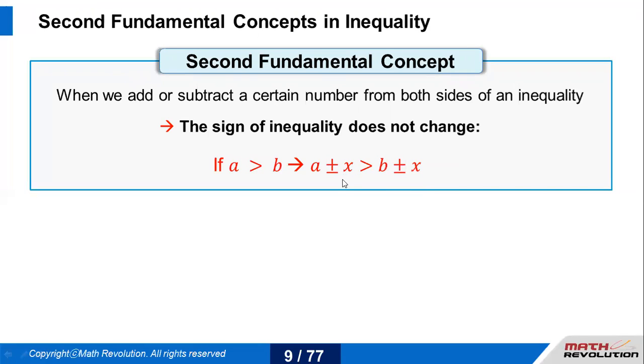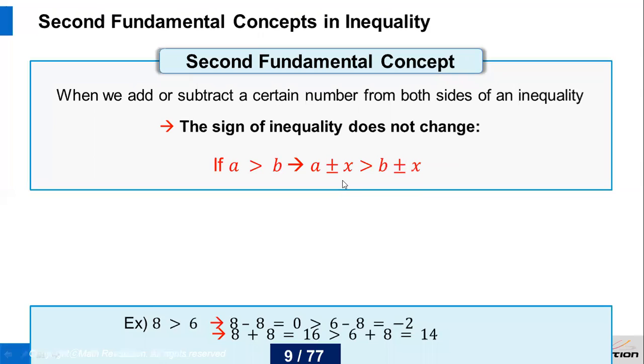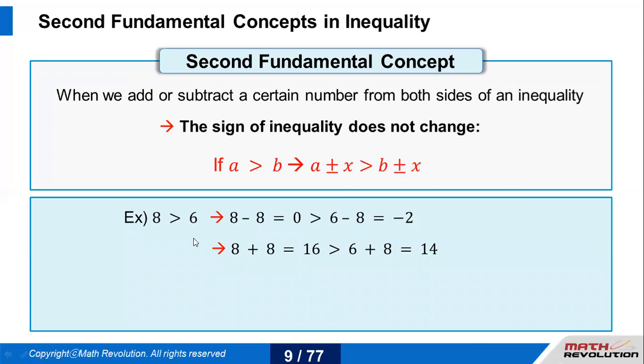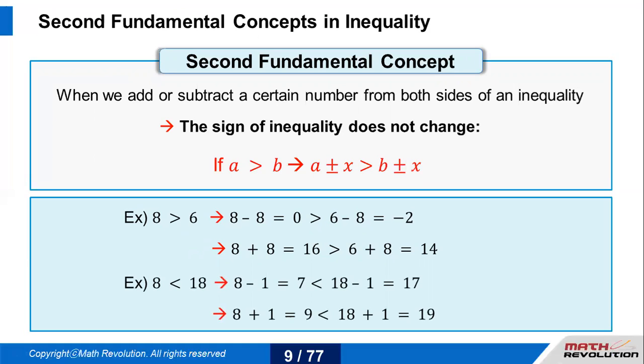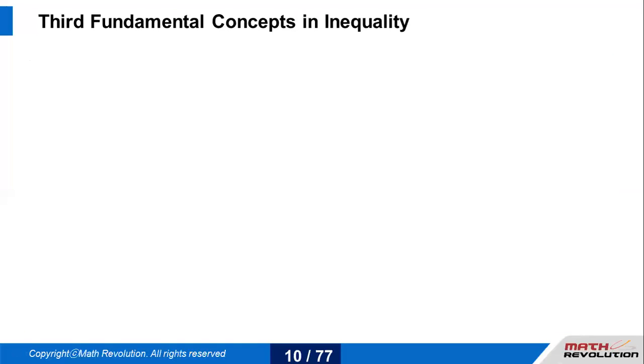That becomes A plus or minus X is greater than B plus or minus X. So if 8 is greater than 6, and you subtract 8 from both sides, our operation is subtraction and our number is 8. So 8 minus 8 is 0 and 6 minus 8 is negative 2. So 0 is greater than negative 2. This is the second fundamental concept.